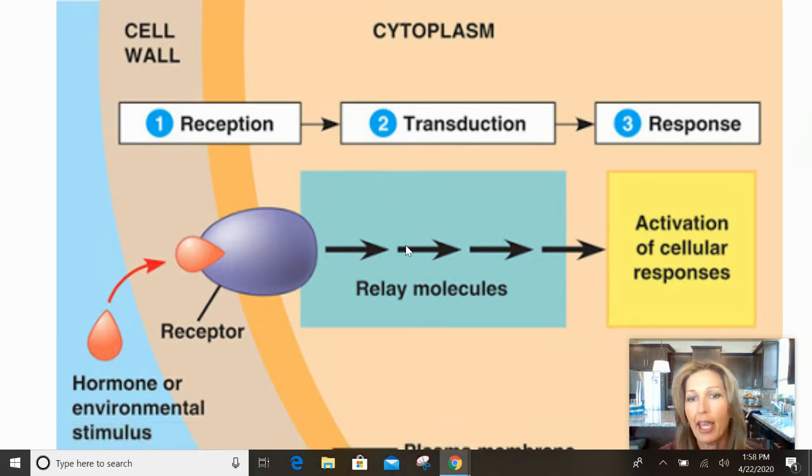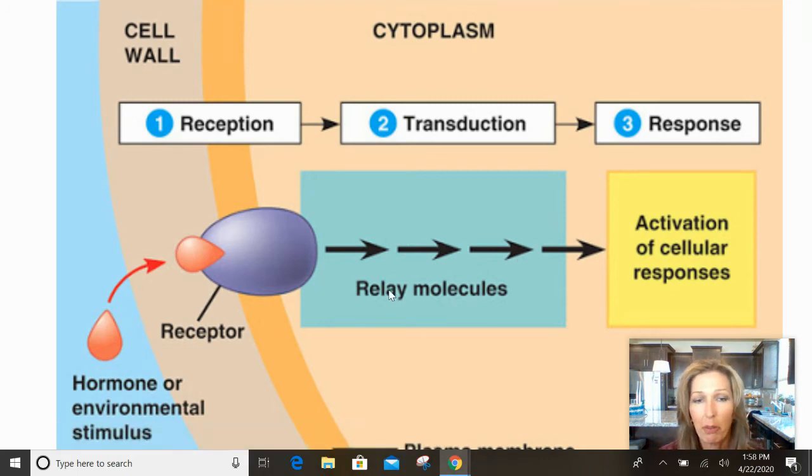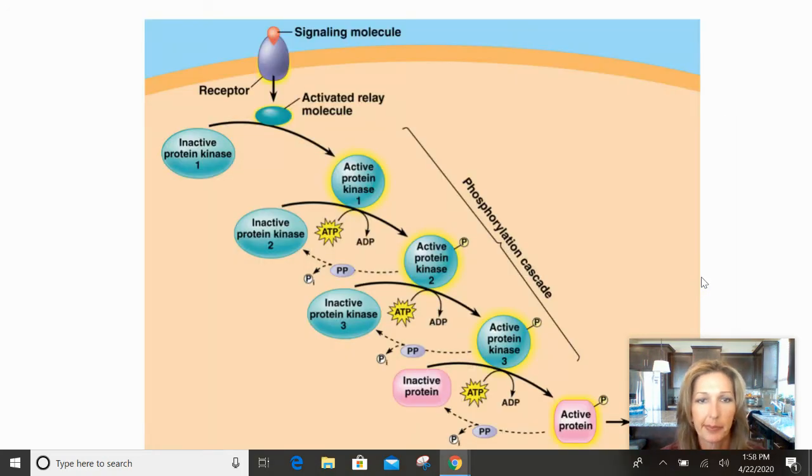Then we have a biochemical pathway of transduction, and the whole purpose of transduction is to amplify the signal, and then the cell is going to have some type of cellular response. Cellular responses involve either the initiation of transcription or a change in a protein in some way, shape, or form.